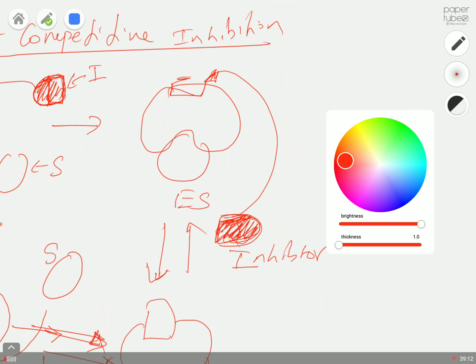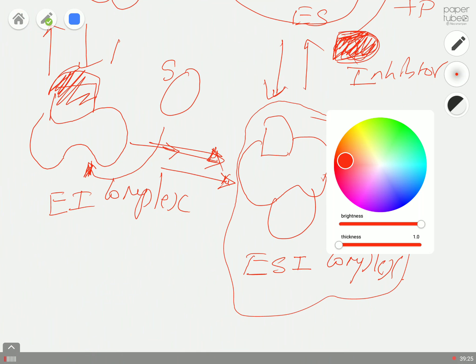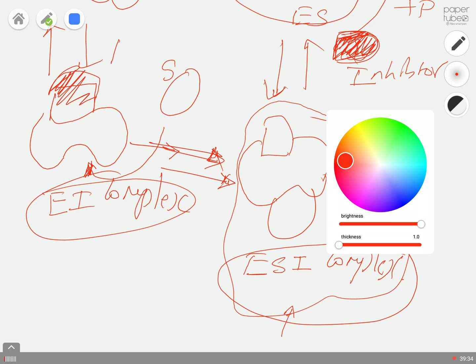Naturally, if you have an enzyme substrate complex here, it will go to enzyme plus products, but the rate of reaction will be very low because your enzyme is already attacked by your inhibitor by more than one route. One is you form an enzyme inhibitor complex, another is an enzyme substrate inhibitor complex, and substrate can act on the enzyme inhibitor complex, and then again you will form more complexes. So eventually you are going to decrease the rate of the enzymatic reaction.